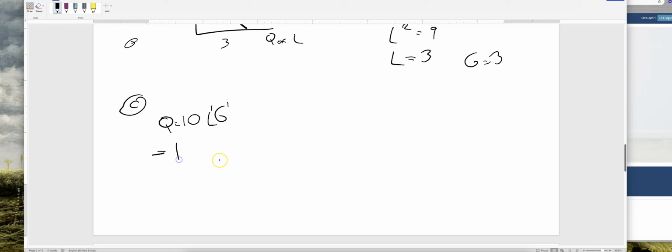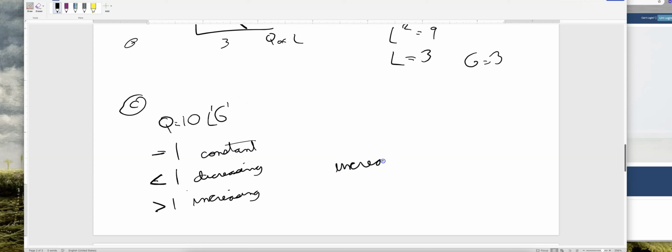When the sum of the exponents is equal to 1, we have constant returns to scale. If it's less than 1, we have decreasing returns to scale. And if it's greater than 1, we have increasing returns to scale. Well, 1 plus 1 is greater than 1. So we do have increasing returns to scale.